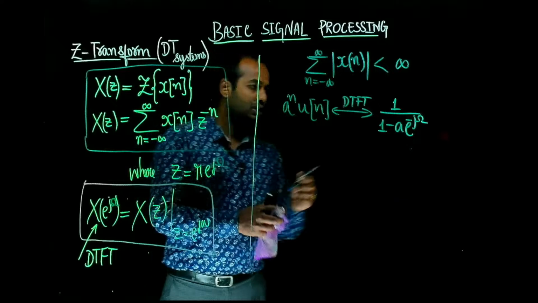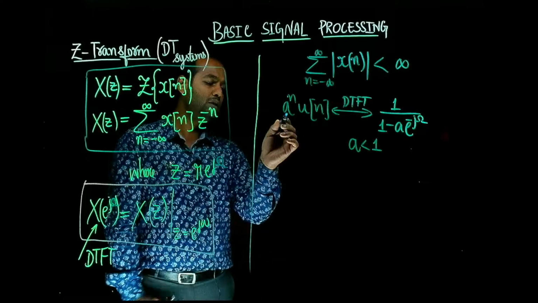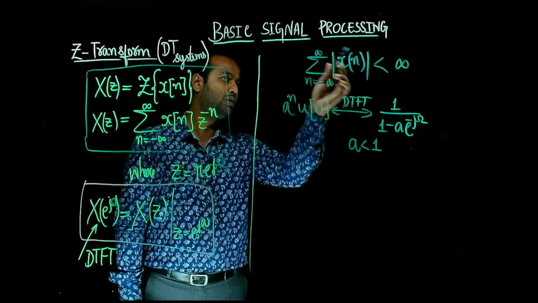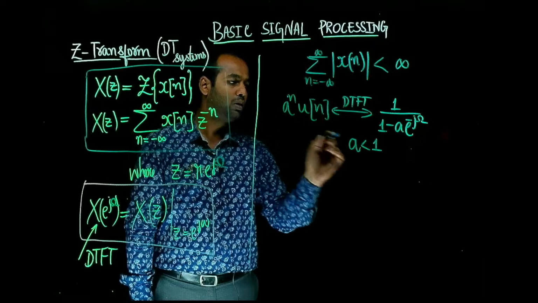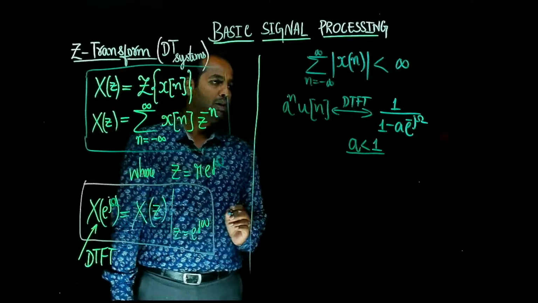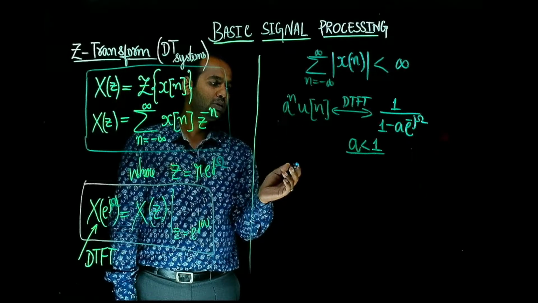Very important condition here is that the magnitude of a should be less than 1. If it is less than 1, then our sequence will be absolutely summable and we have DTFT existing only for this specific case. In Z transform, we don't have to give any condition for a sequence.